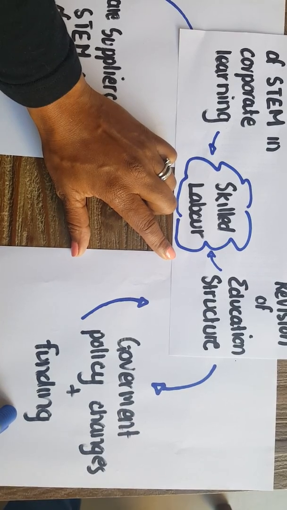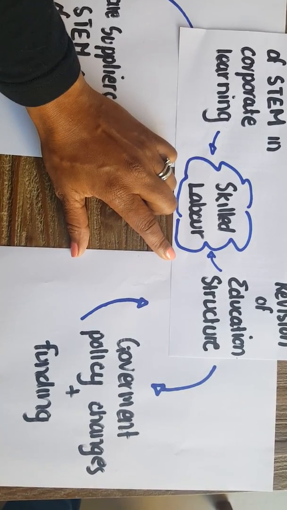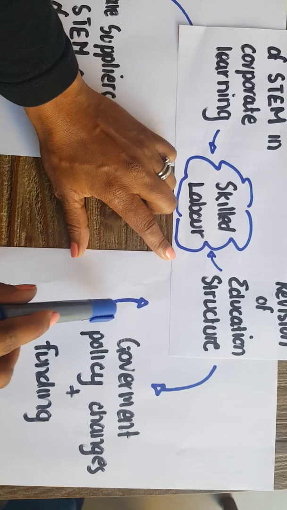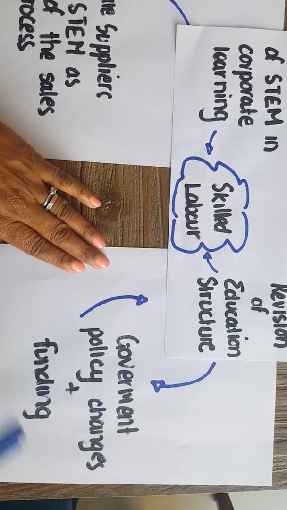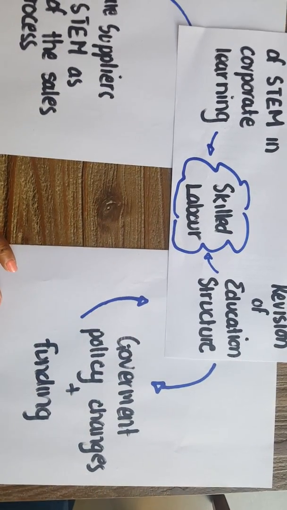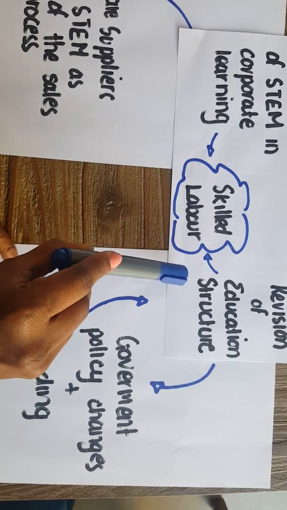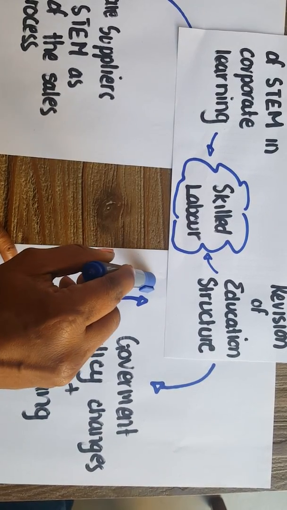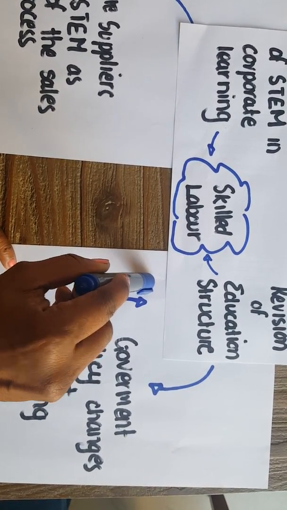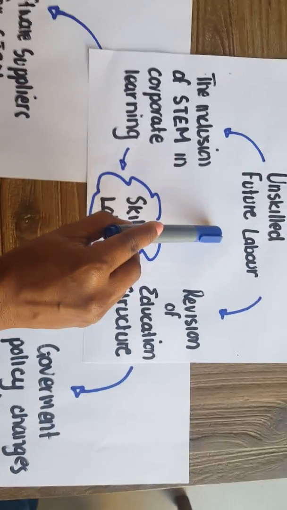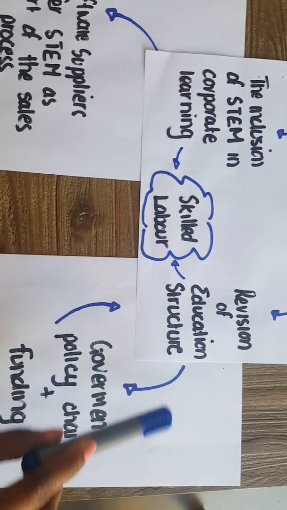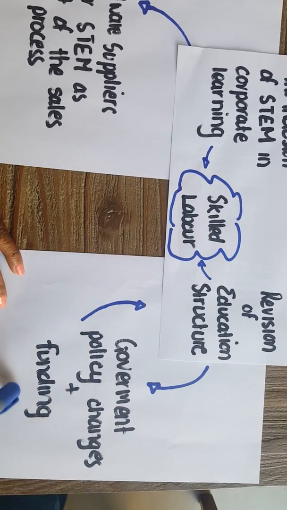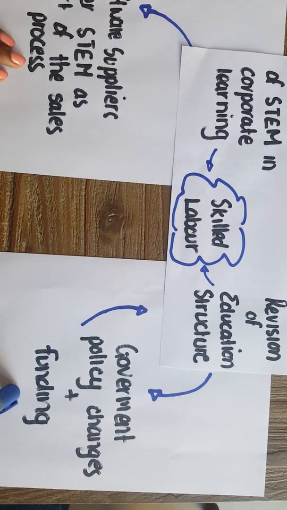In terms of funding, there'll be the constraint of funding an existing model while you trial and fund a new model. And therefore, what we start to do is either we reinforce the problem of the revision and remain in a situation where we have unskilled labor, or what will happen is we will still be working towards solving the problem, but in a delayed manner.